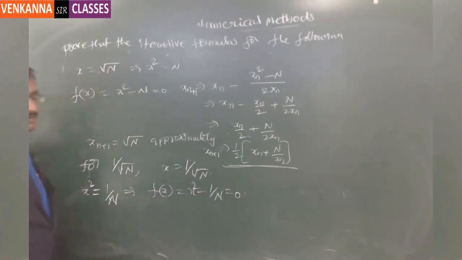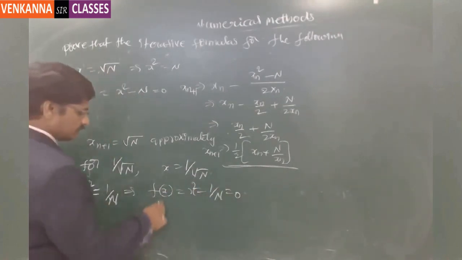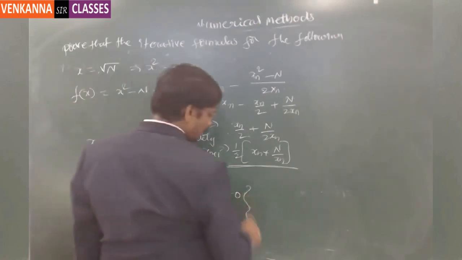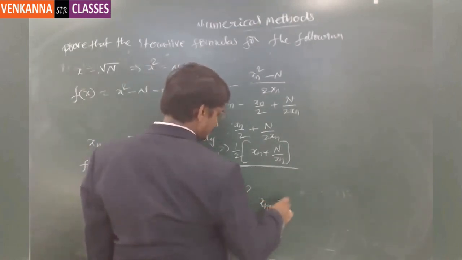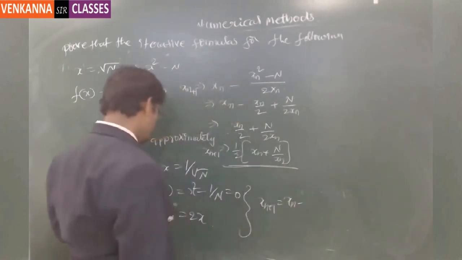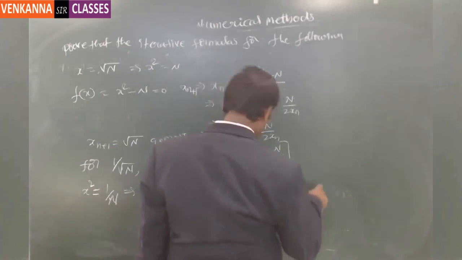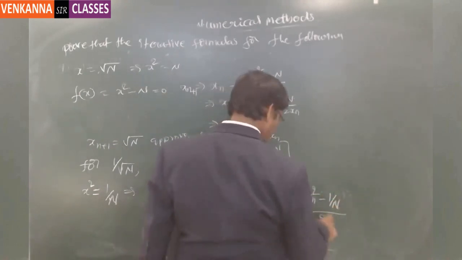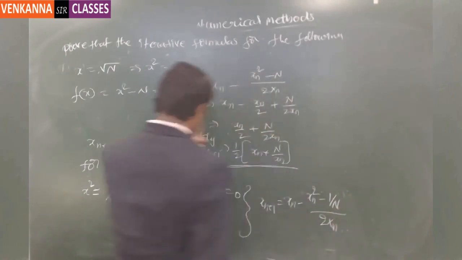So this is the function value. Now f dash of x is going to be 2x. Now the approximate root for this is xn plus 1 is equal to xn minus f of xn, which is xn square minus 1 by n, divided by 2 times xn.